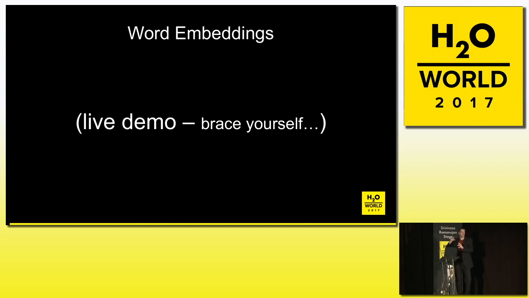And girl and boy will end up in similar places in that 300-dimensional space. But what's interesting is the vector from girl to boy will be very similar to the vector from queen to king. So you can start to do arithmetic and add words together and subtract words. So it's really grasping, even though it's just looking at how words are used in sentences, it's really starting to grasp their meaning.